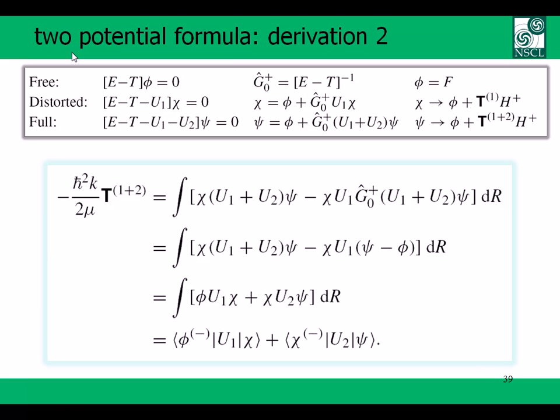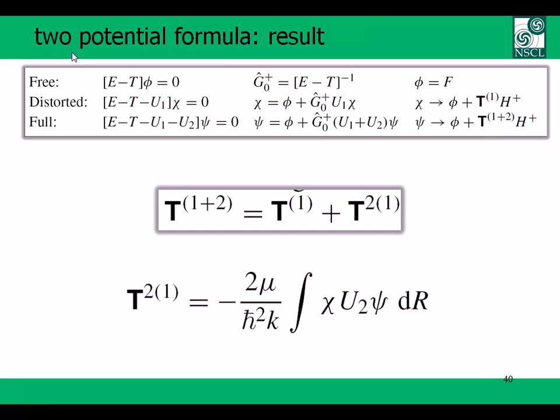So this is kind of the effect of U2 on top of U1, and this is the effect of U1. So I'll write it down as the T matrix for 1 plus 2 is actually the T matrix for 1 plus the T matrix for the effect of 2 on 1.